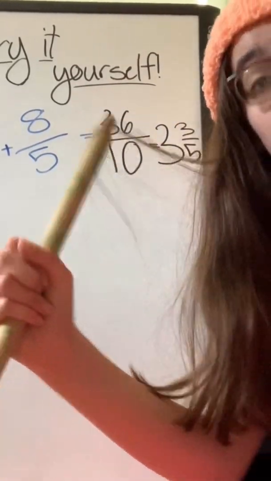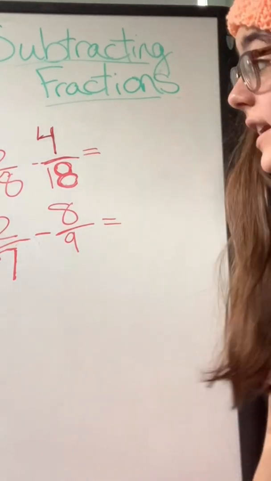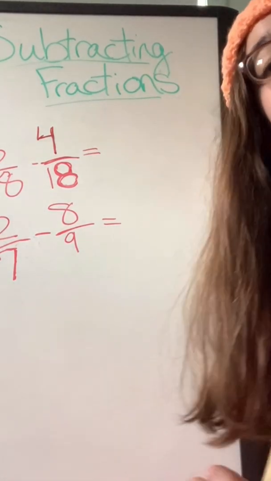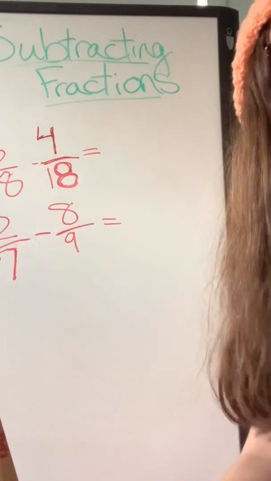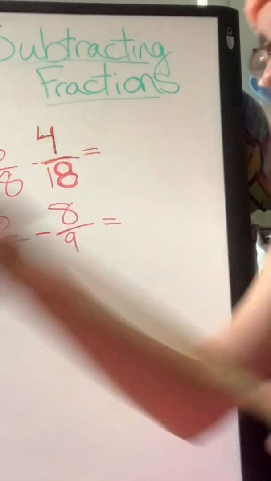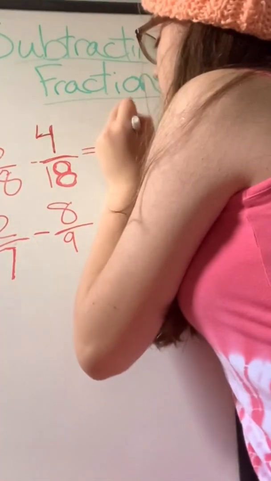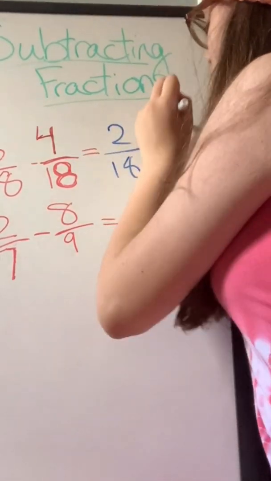At least you're learning. Subtracting fractions. Alright, this is going to be quick because you should already get the gist of how to add and subtract fractions. We have 6 over 18 minus 4 over 18. That's 6 minus 4 over 18, which is 2 over 18, or 1 over 9.